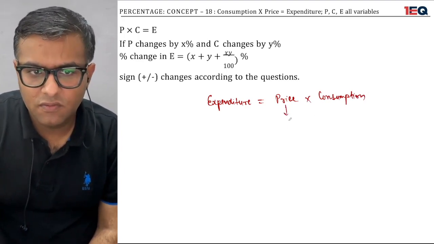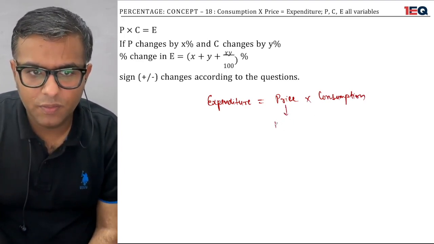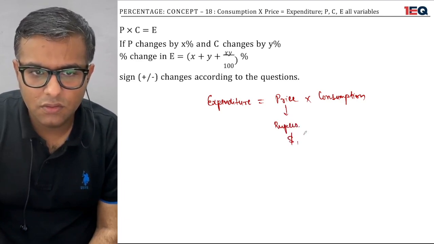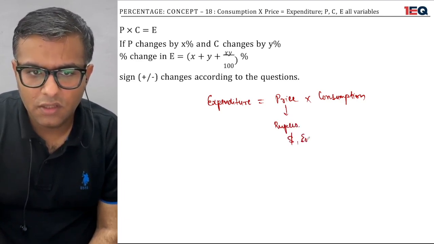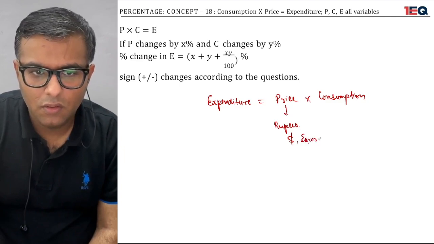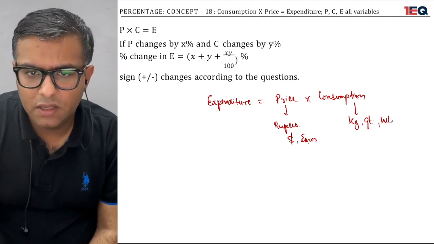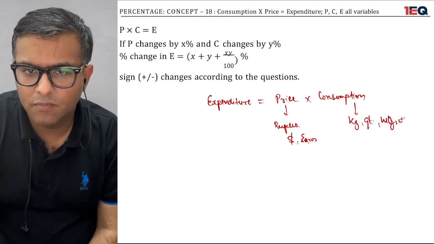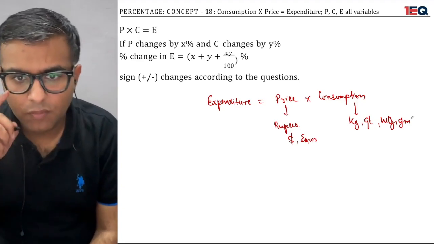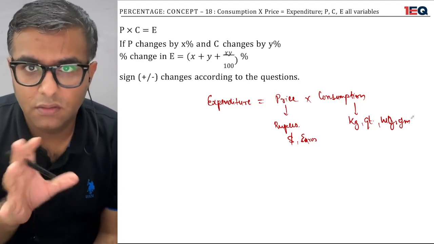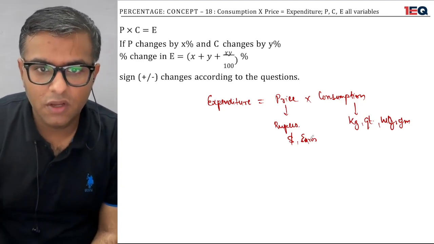The price would be stated in units like rupees, dollars, euros, or anything. The consumption can be in milligram, gram, whatever. I hope you understand where I'm coming from and what I'm talking about.